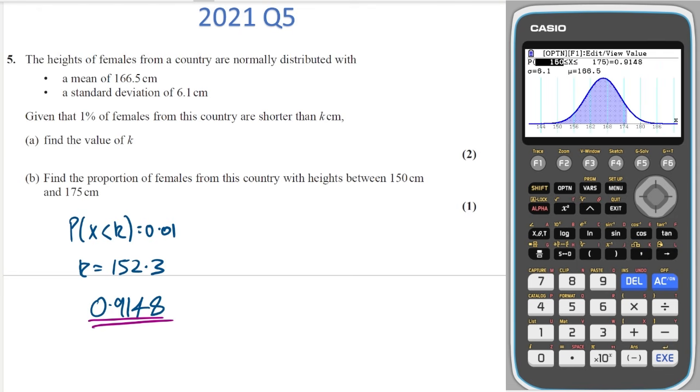It gives you a nice little picture as well, and then it's really easy to change your values from there if you need to. And what else is useful is that you can change the probability. So if you want to work out where the middle 50% is of the distribution, just type in 0.5 and it will center on the middle, and it will tell you the two x values which give you the middle 50% of the data.